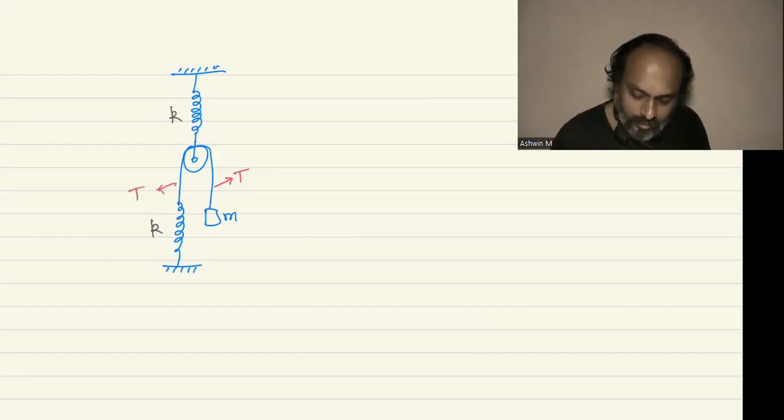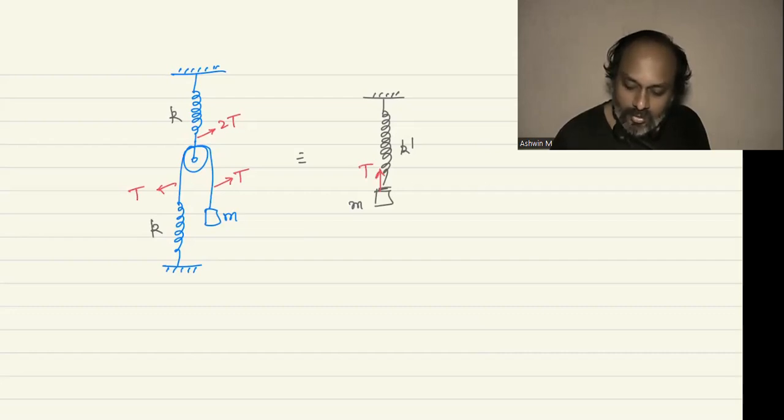Here the tension will be T. On the left spring, the spring force will be T, and on the spring on the top there will be 2T force. Then we will replace this with an equivalent spring of, let's say, spring constant k dash, and the mass of this block is m. There must be spring force T, thereby pulling this block with a force of T upwards.